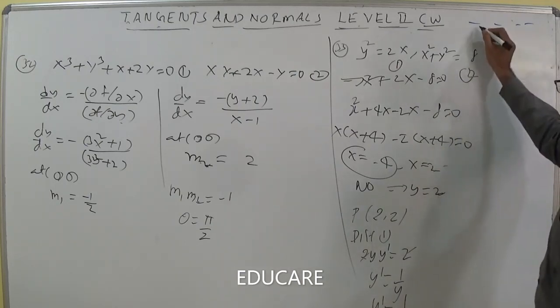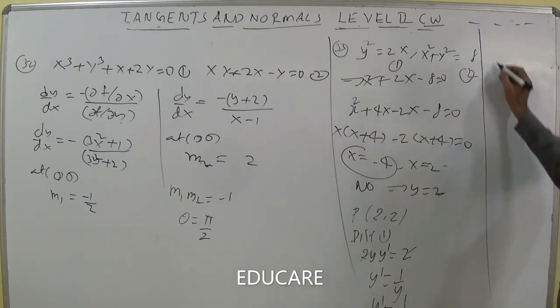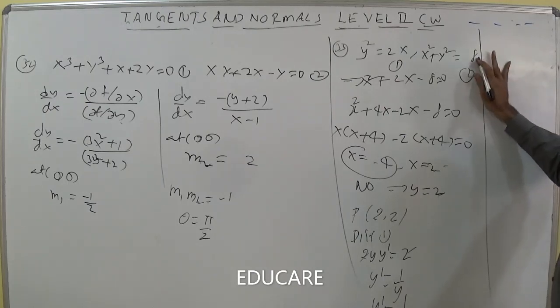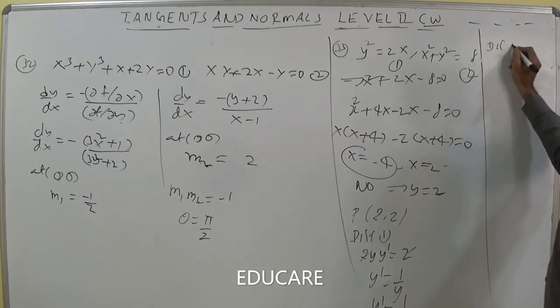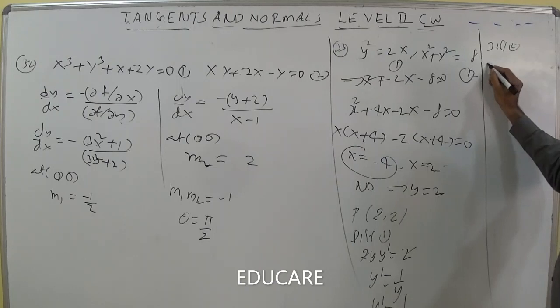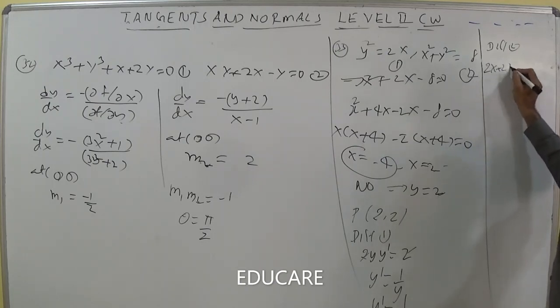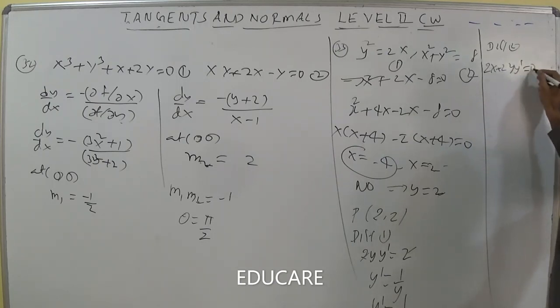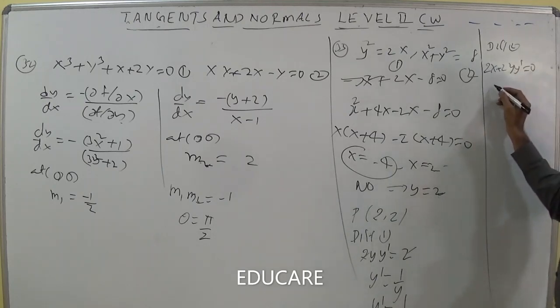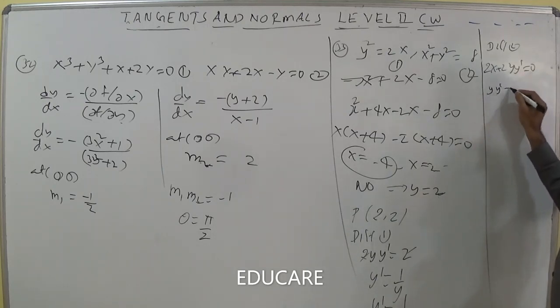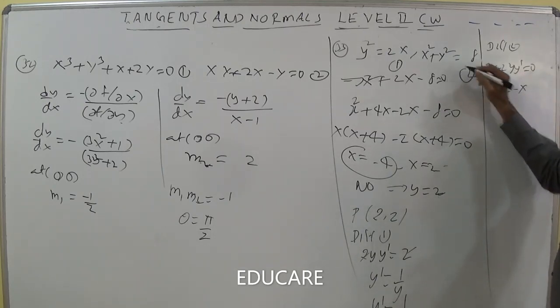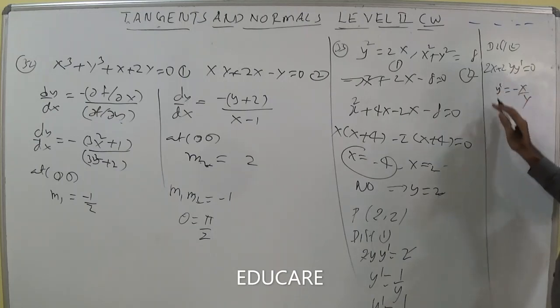So it is m1. Now differentiate the second: 2x plus 2y y dash equal to 0. Dividing by 2, y dash is equal to minus x by y.